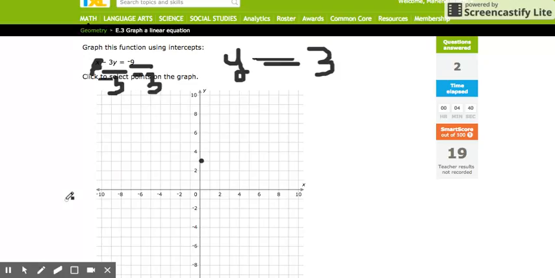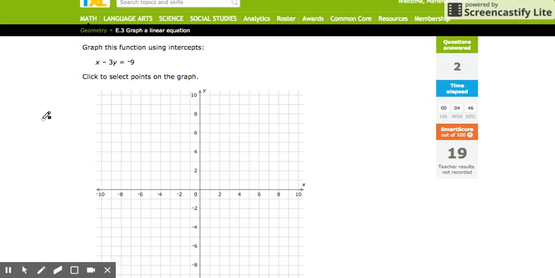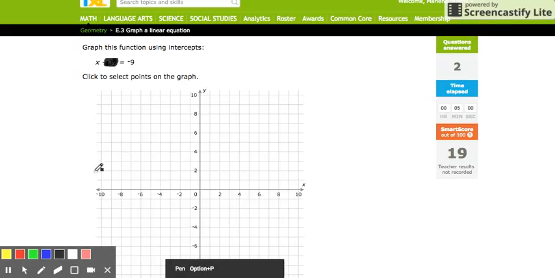Now I got to do the same thing for x. I got to hide my y. Hide it. Just get rid of it. And so what do I have? I have x equals negative 9. So go to x, negative 9. Okay, so I'm going to go ahead and just solve this now.